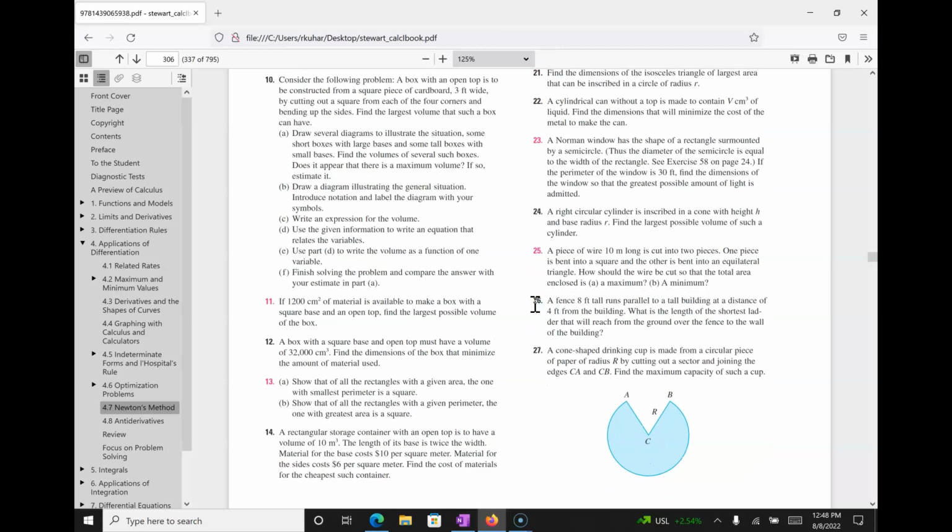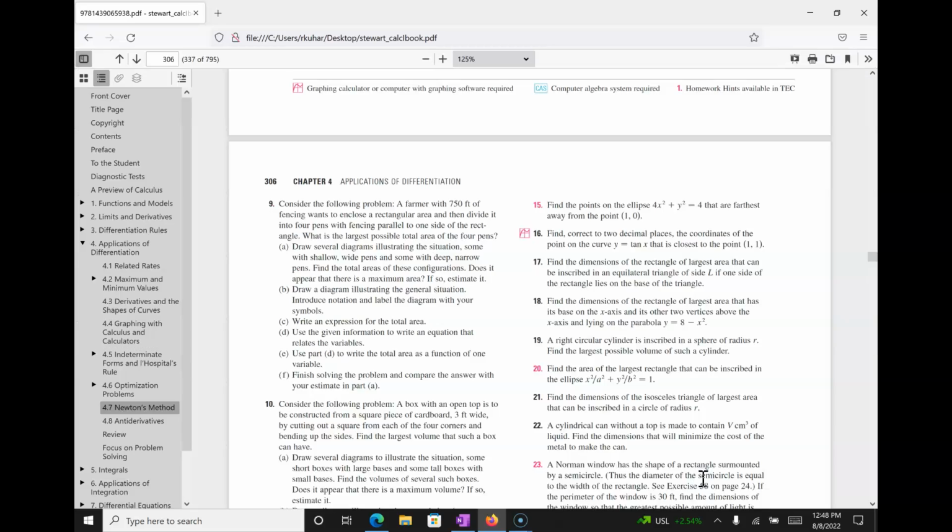I'm going to make a box out of it, right? The base is square and the sides are rectangles and the top is open. So I'm trying to use the amount of material I have to get the largest possible volume of the box. So any kind of geometry, I like it. 27 is tough. That's geometry.